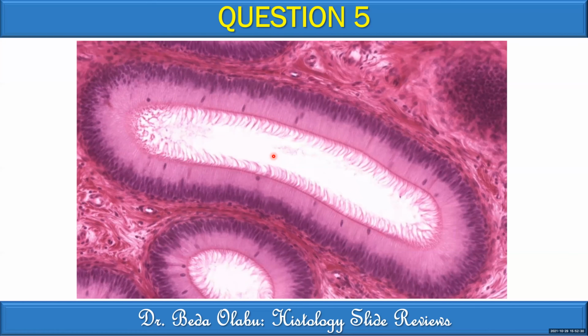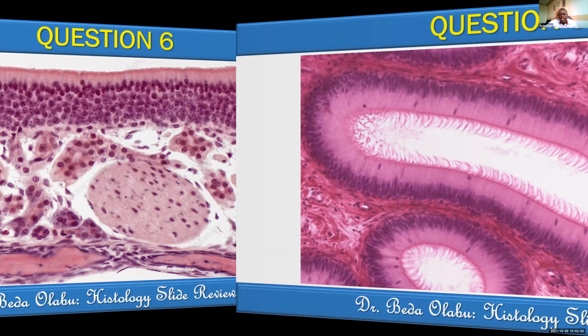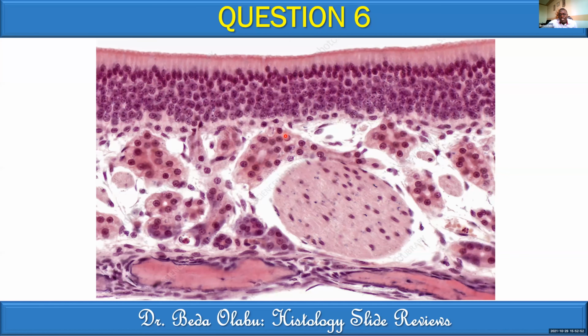So it's pseudostratified columnar. Okay. With stereocilia. Very good. So this is pseudostratified columnar epithelium with stereocilia. Okay. Another one, number 6. Anyone?